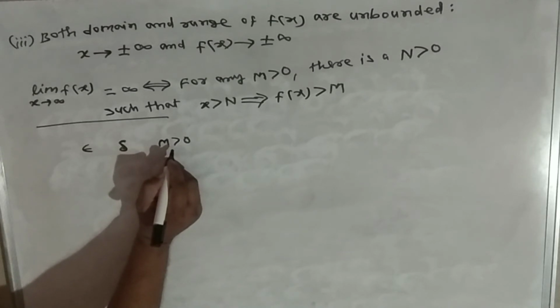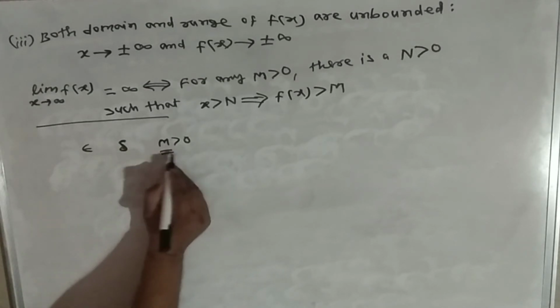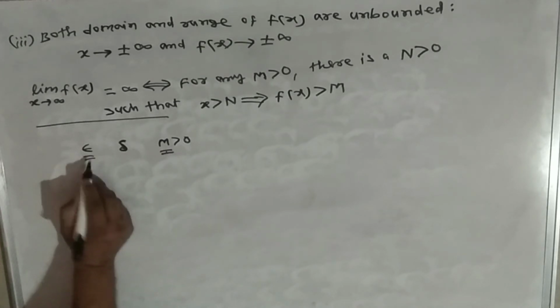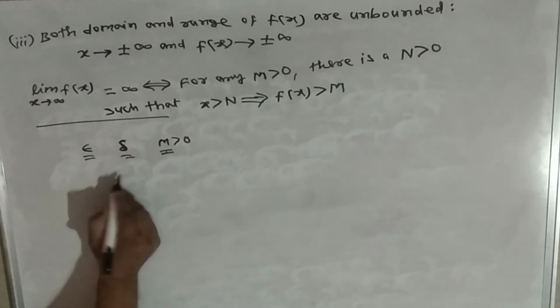This creates an impression that there is something special about this m. As a matter of fact, one can write the above definition replacing m by delta. It is just by convention that we write this m. The symbols epsilon and delta are respectively related to the neighborhood of the limit L and x0.